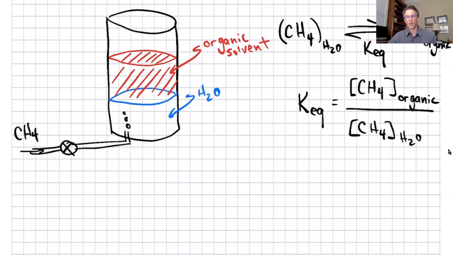So that's pretty cool. That's in principle something we could measure. There are all kinds of tools we could use to make that measurement and do it actually pretty precisely. And it would basically tell us what we already know, that the methane is going to want to be up here in the organic solvent. But again, we want to know why. Why does it want to be up there? Well, if we know the equilibrium constant, based upon the discussion we've had over the last couple of lectures, we can specify the energy distribution in the system.